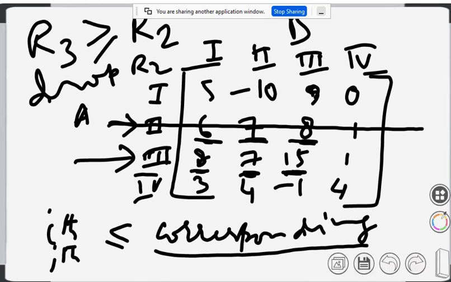Mind that this will be reversed for player B. The smaller column will be retained.